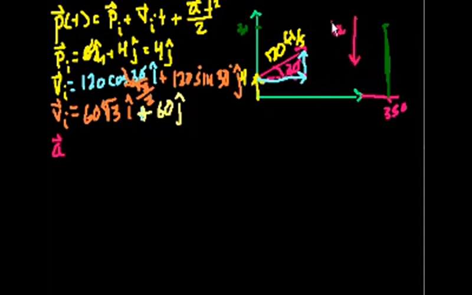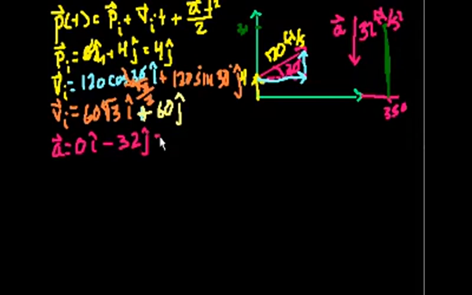This is the acceleration vector. It just pulls down at 32 feet per second squared. So the acceleration vector, once again, has no x component, just like the position vector had. 0 times i. And it's pulling down, so its y component is negative, minus 32j. So we know all of the different vectors in this equation.